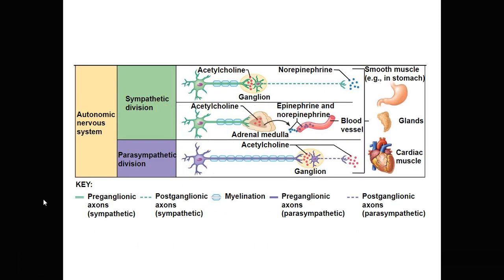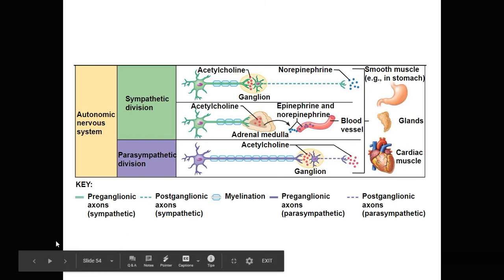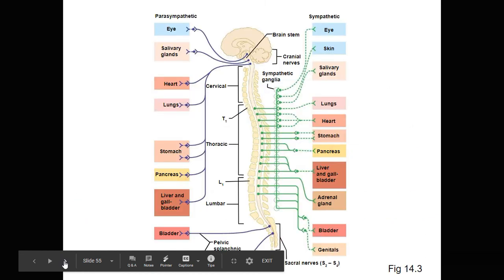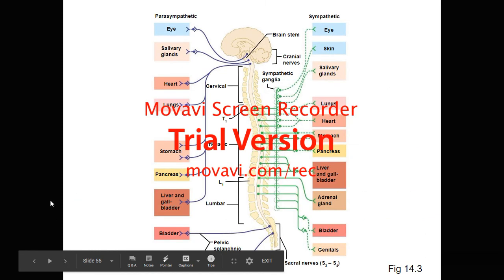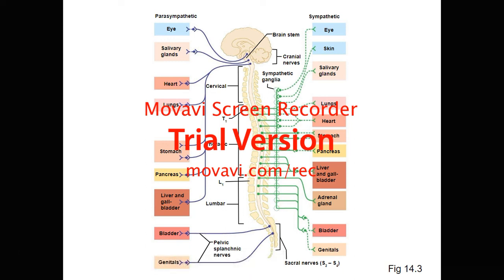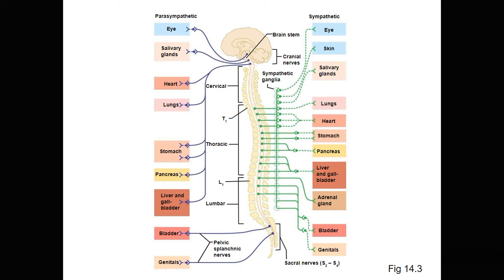All right, so this is the same figure we were talking about already. This is just showing you the effector organs that the parasympathetic and sympathetic nervous systems serve. So remember, when you think of parasympathetic, think of the craniosacral area.